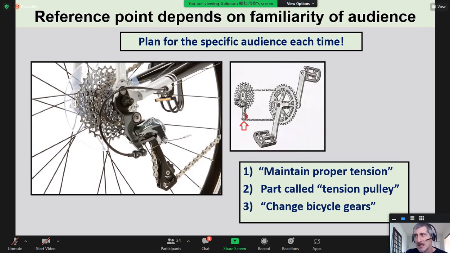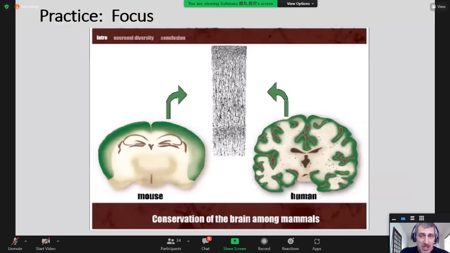Okay. So our next practice is a listening practice. And I really want you to keep that in mind, listening. Those of you with biology backgrounds might be able to easily identify what should be the main character in this passage.